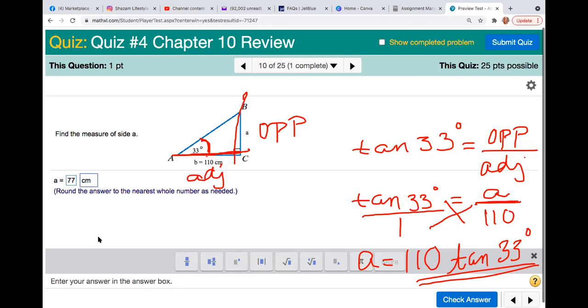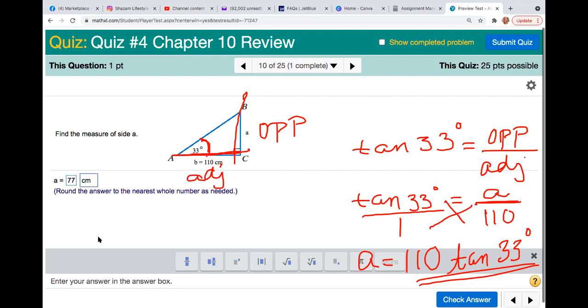No, you have to take the length of your side. How long is your side? Mine is 280. Did you type in 110 times tangent 33?